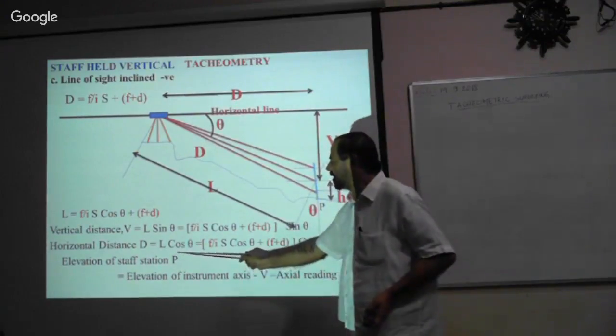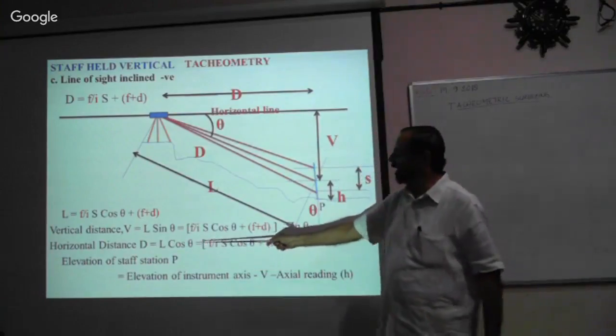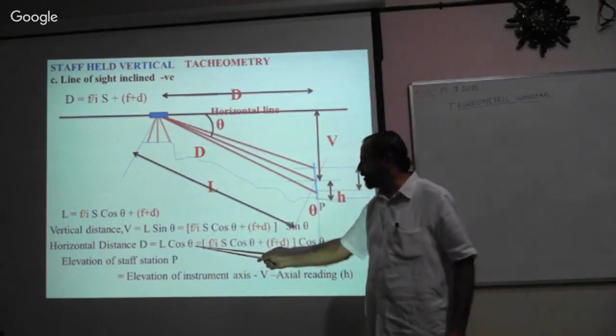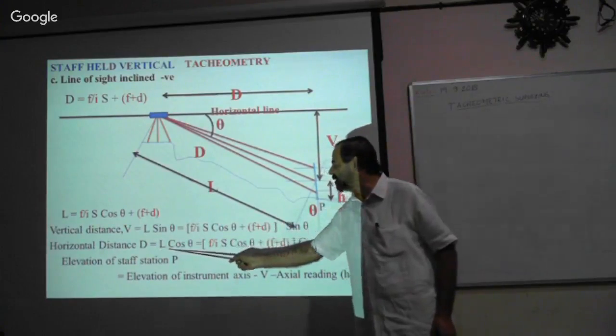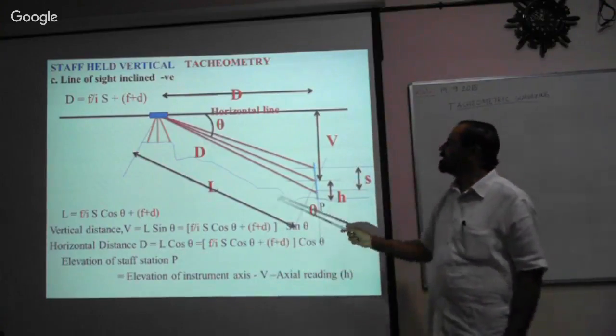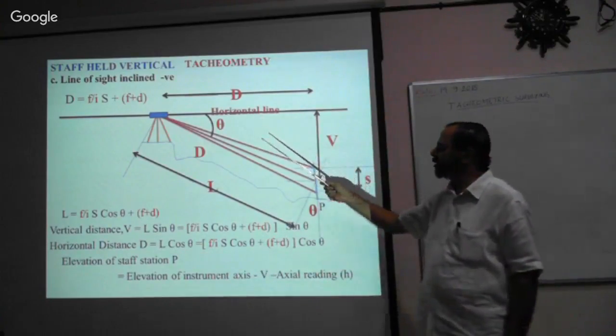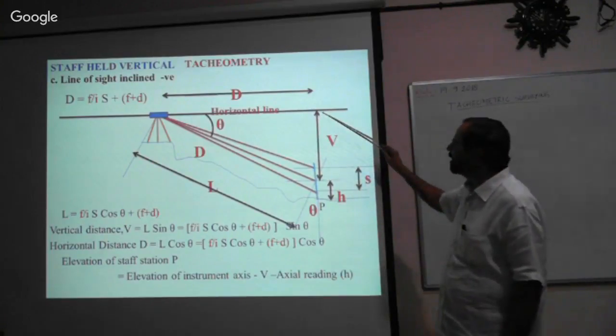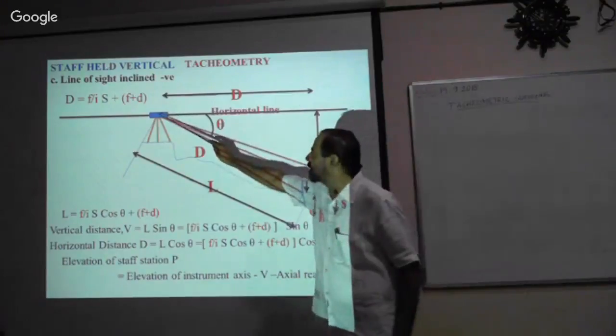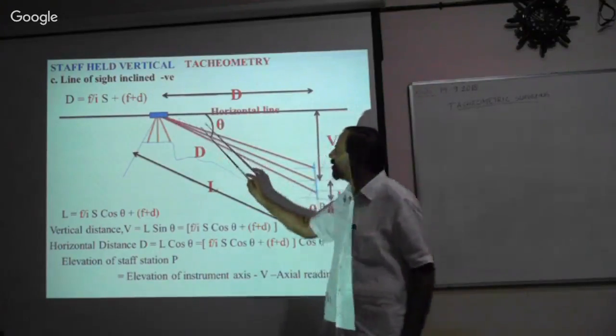Now substitute the value of L, which we have already calculated, and we will get the distance. Then our problem is solved. V and D are both calculated.